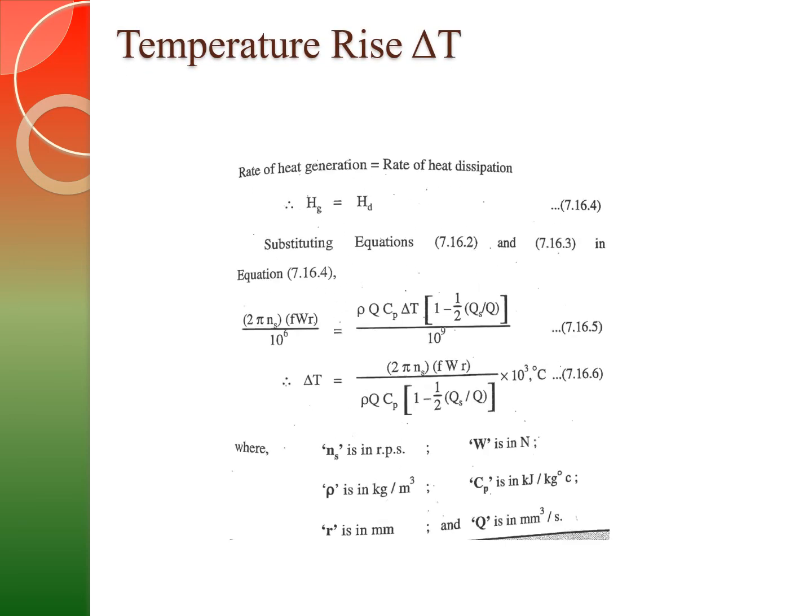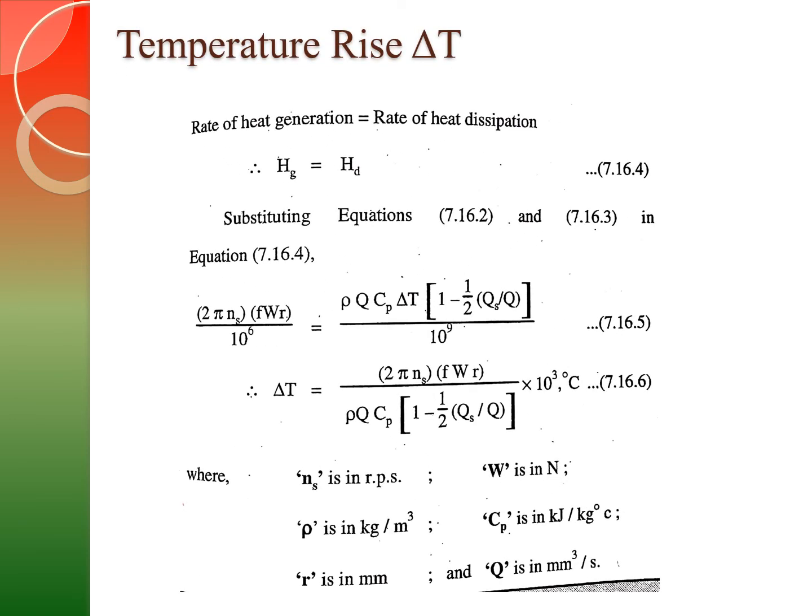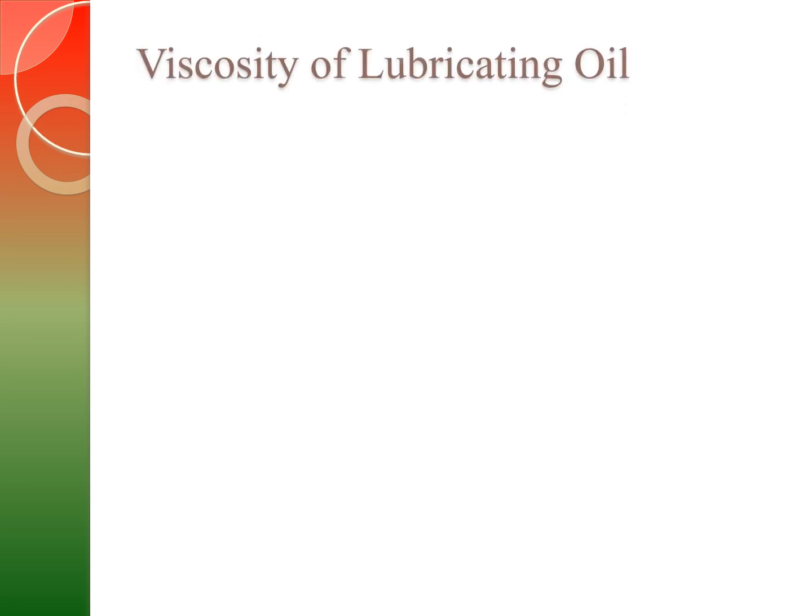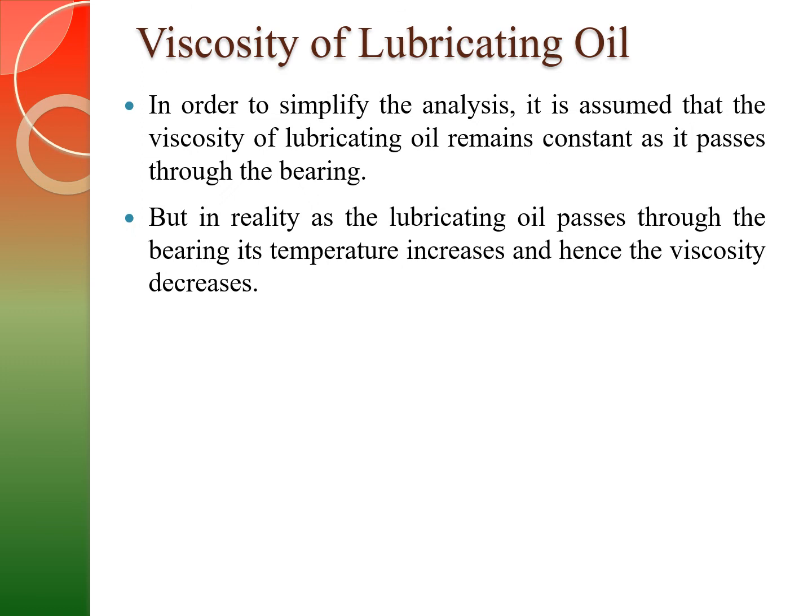Next is the temperature rise delta T. As rate of heat generation is equal to rate of heat dissipation, and substituting both the equations for Hg and Hd, you will get the equation for delta T equal to 2 pi n s into F w r divided by rho Q cp into bracket 1 minus 1 half Qs upon Q, into 10 raised to 3, and it is in Celsius.